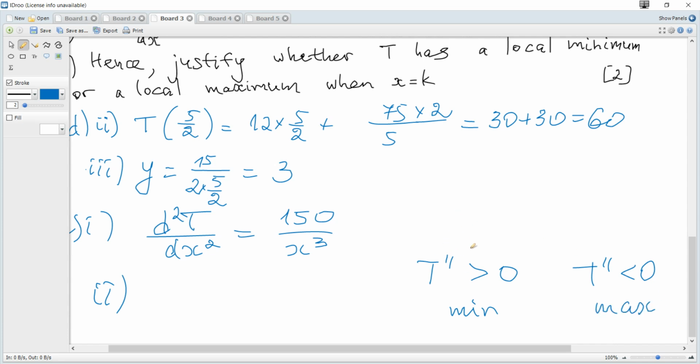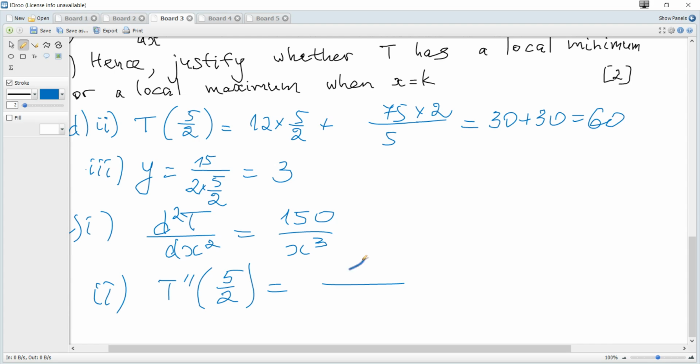Why? Because if the second derivative is greater than 0, it means the curve is concave up at that point, and hence it's a local minimum. If the second derivative is less than 0, it means the curve is concave down at that point, hence it's a local maximum. So the second derivative at 5 over 2 is 150 over 5 over 2 cubed.